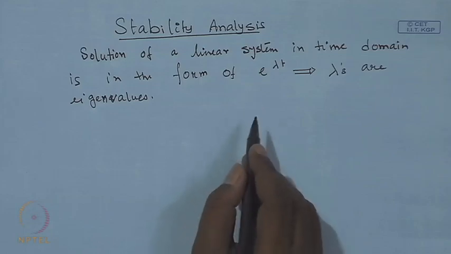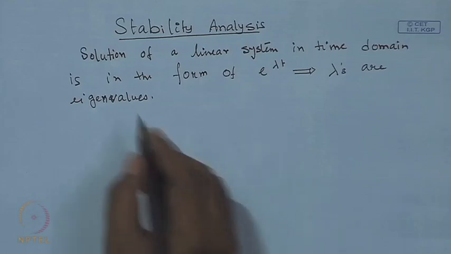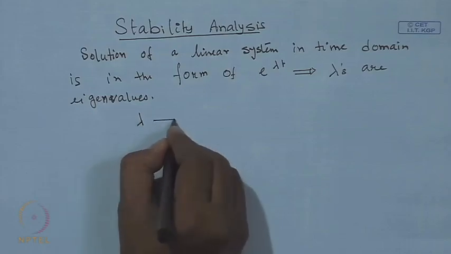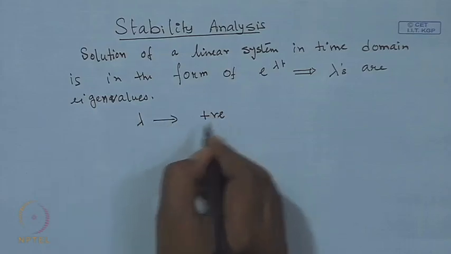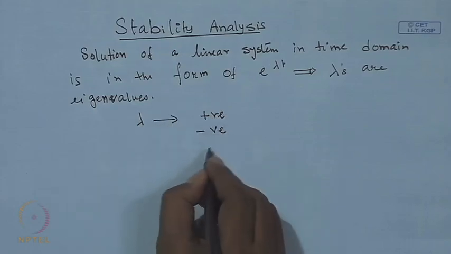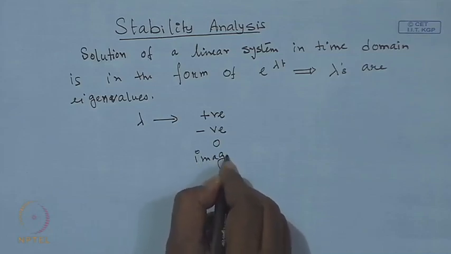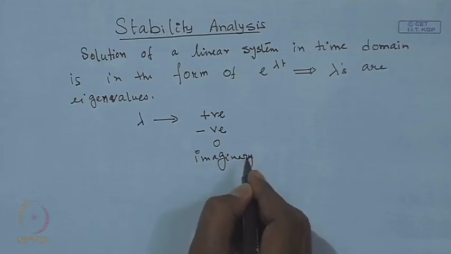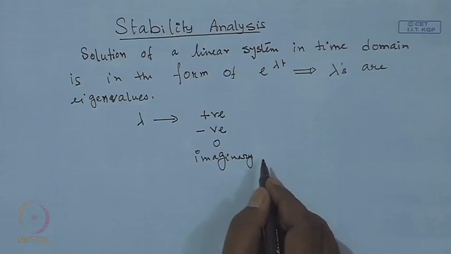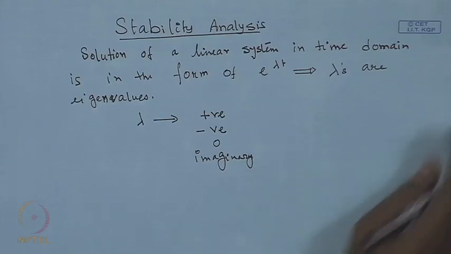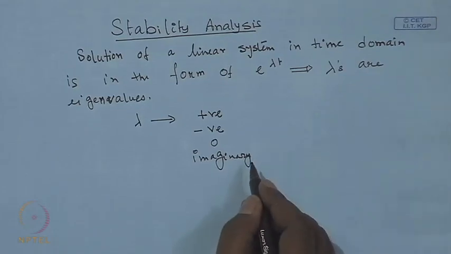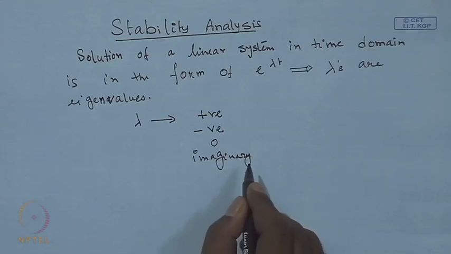Now, this lambda can be positive, it can be negative, it can be even 0, it can be imaginary. If it is imaginary, then of course its conjugate will also appear. So, if there are two roots, then there is a possibility of having imaginary roots.